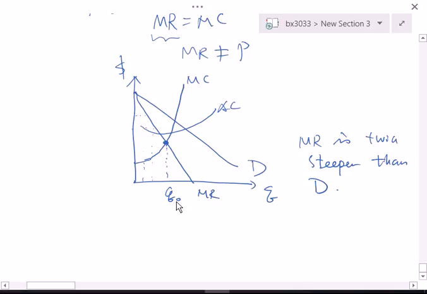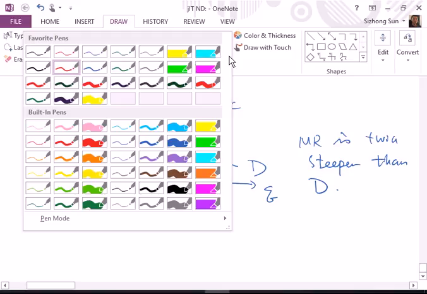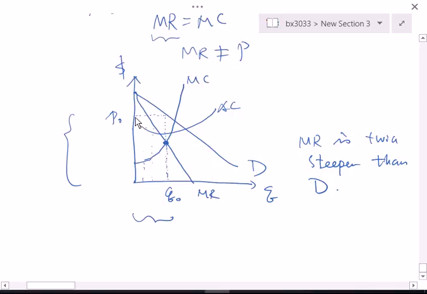To get the price, go from the quantity up to the demand curve, which gives the price PO. So the monopoly firm will produce this many units of output and charge a price at this level. So the total revenue will be this area. Let me use a different color. Total revenue, this purple area.